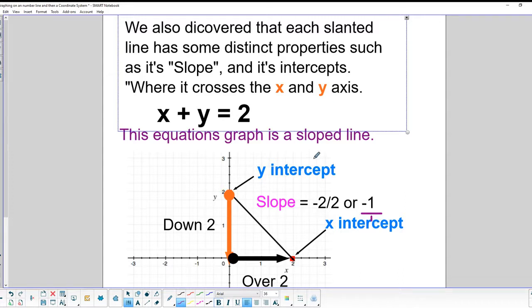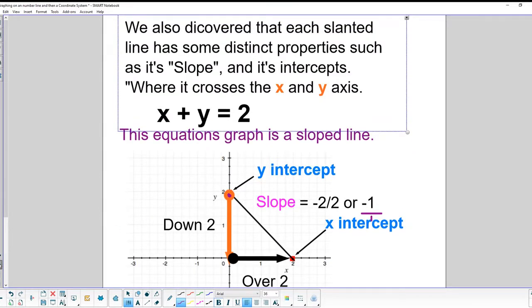The x-intercept is where the line crosses the x-axis. The y-intercept is where it crosses the y-axis. For most of the time in this class, we're going to be talking mostly about the y-intercept. We do talk about the x-intercept a little bit in another section or two.